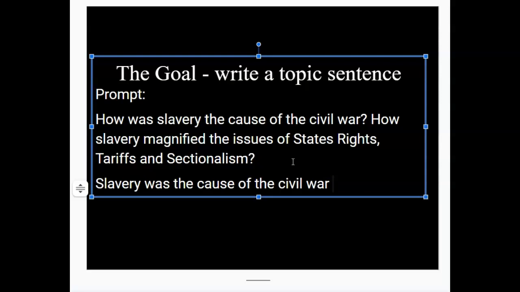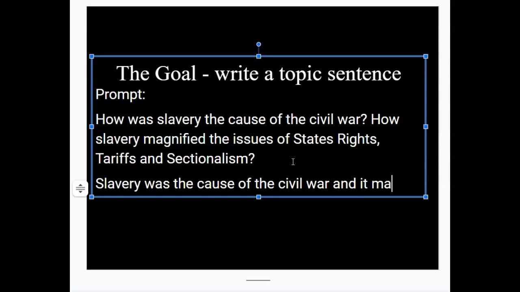Now, that's the simplest way to do it, but there's still a second part to this question. We've got to include that. So you need an "and" or a comma or some sort of thing to get to this part of magnifying the other issues.